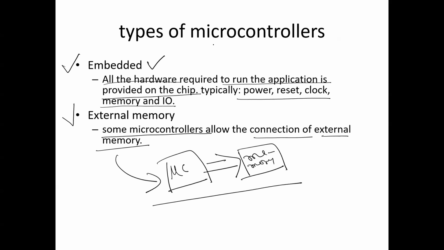But with the embedded microcontroller, it is not possible. We cannot connect other memory locations or other memory devices. So this is called the embedded microcontroller, and this is called the external memory microcontroller.